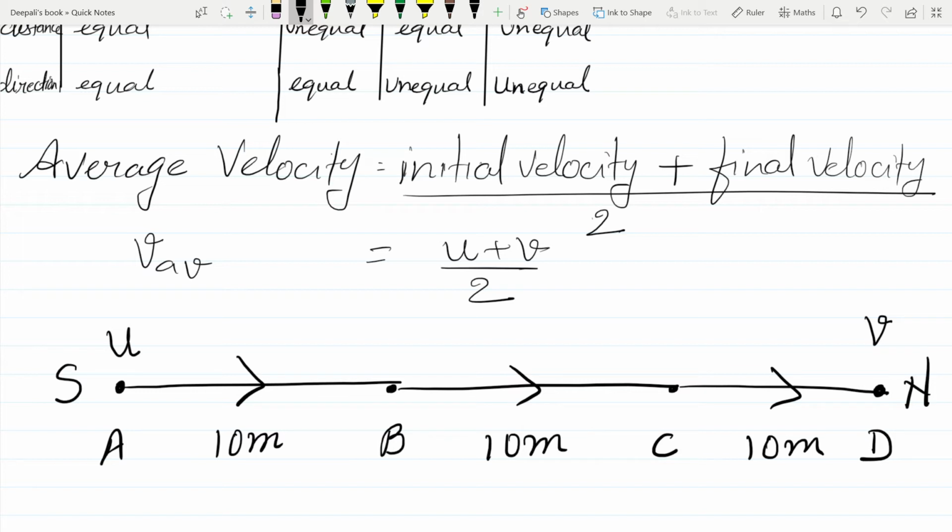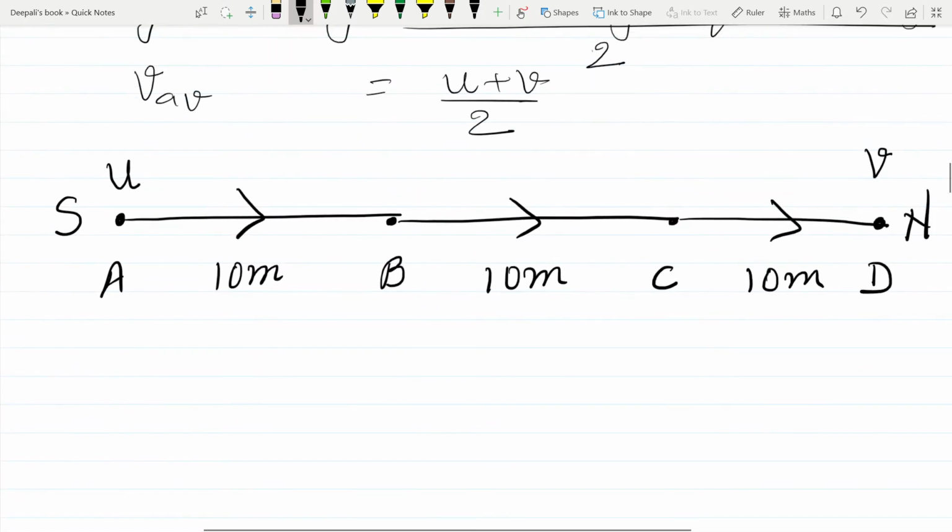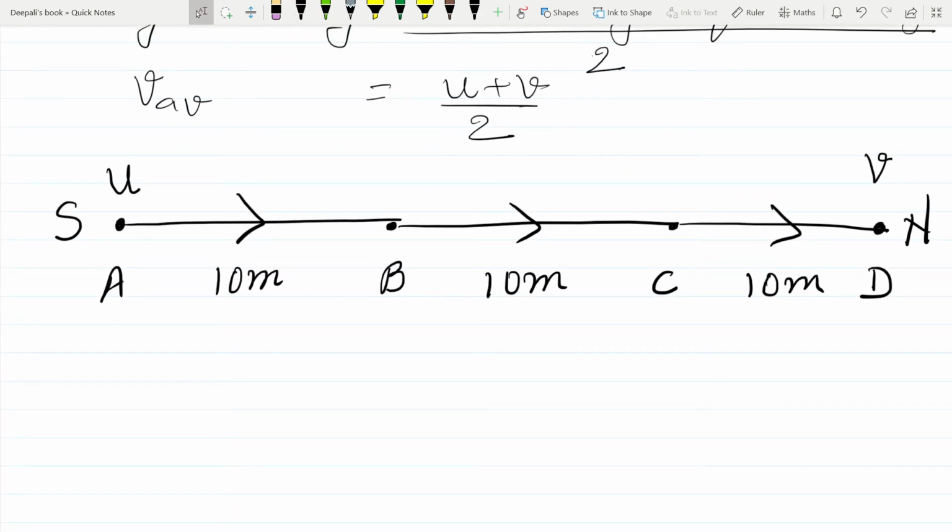Generally, when an object is stationary or at rest, its initial velocity is always 0 and final velocity is x. But if the object is already moving and it comes at rest, then final velocity is 0 and initial velocity is x. This you will understand better in the next part of the chapter.